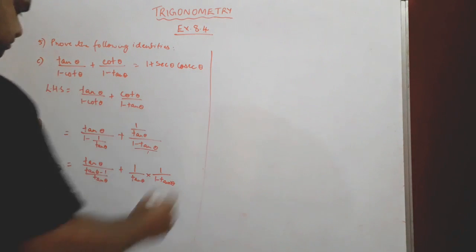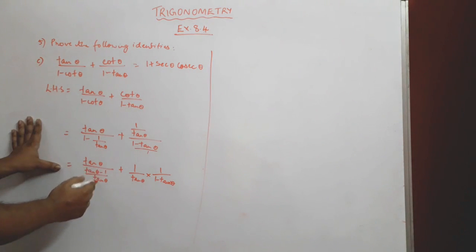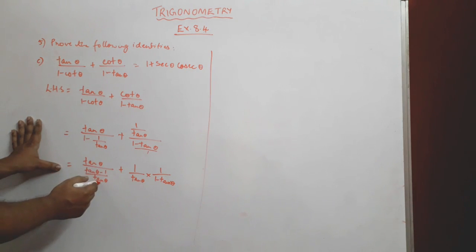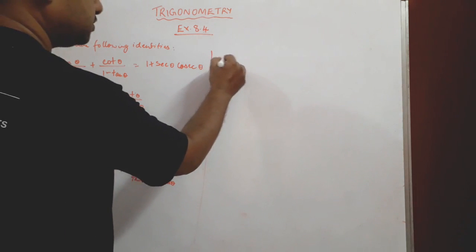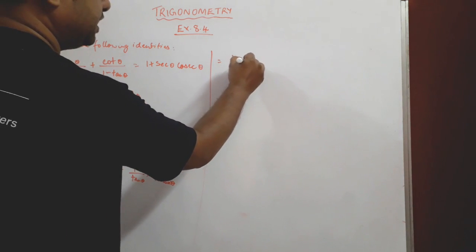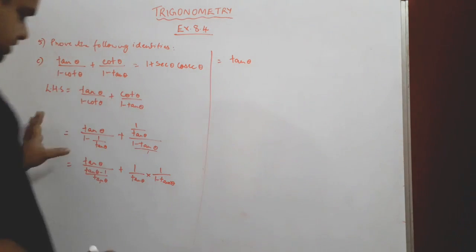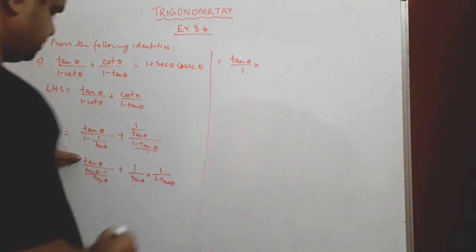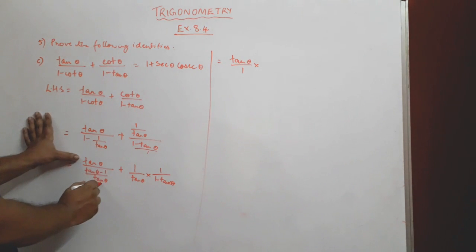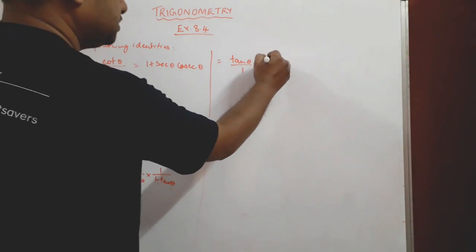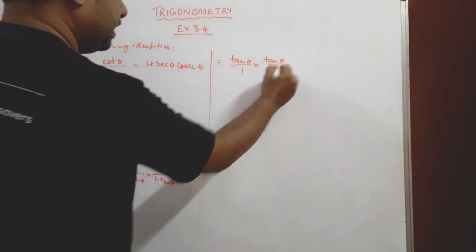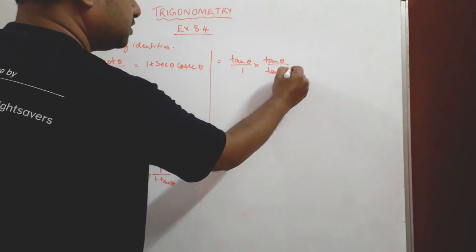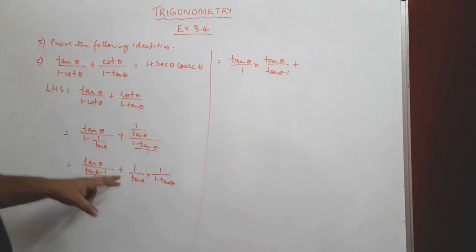So once again we'll have to convert this from division to multiplication. So once again tan theta will remain the way it is, tan theta upon 1, into the denominator here, which will now become the numerator, and the numerator will now become the denominator, plus here.